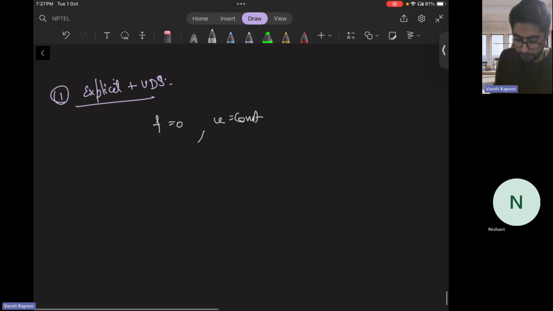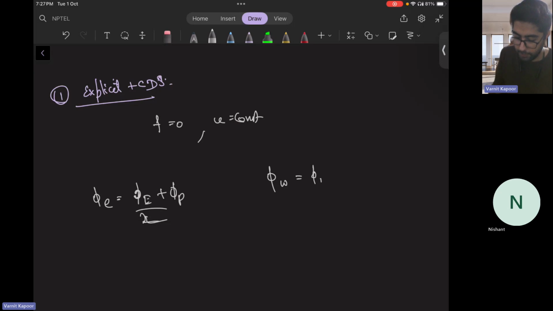Phi at east is written as phi e plus phi p by 2, and phi at west will be written as phi w plus phi p by 2, right?